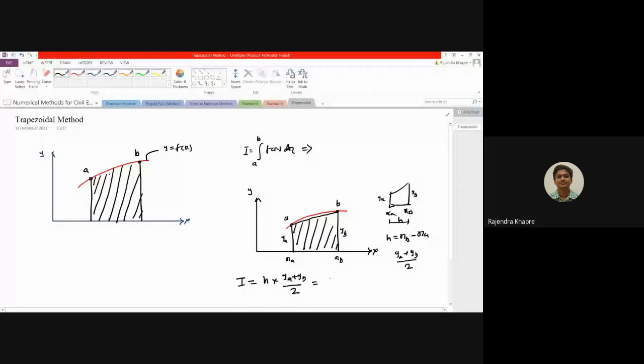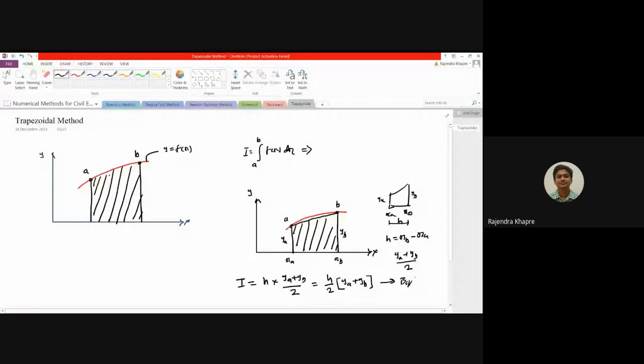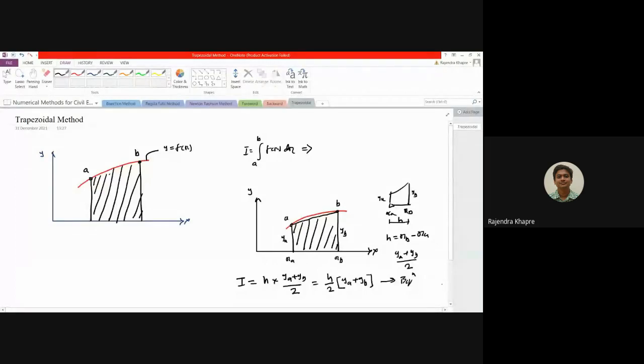So you can rewrite this expression as h by 2 into ya plus yb. This is a very basic equation which can be used for calculation of integration using the trapezoidal method. I hope this is clear to everybody.